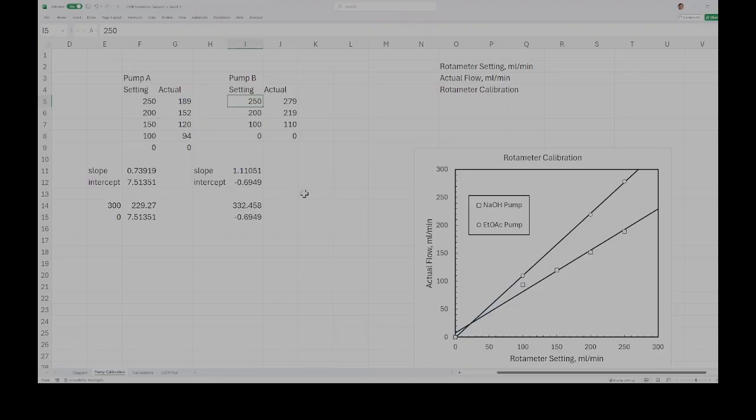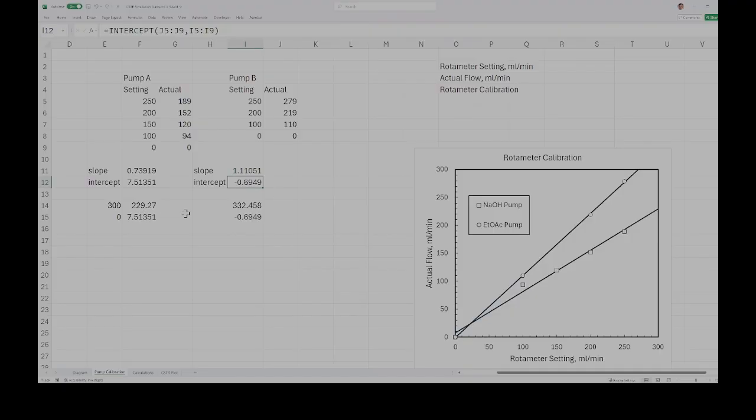And so we would need to come up with a calibration curve. We can do a linear fit, and this was done for both pump A and pump B. For pump A, the slope was equal to 0.73 and the intercept 7.5. And for pump B, 1.11 and the intercept 0.649.